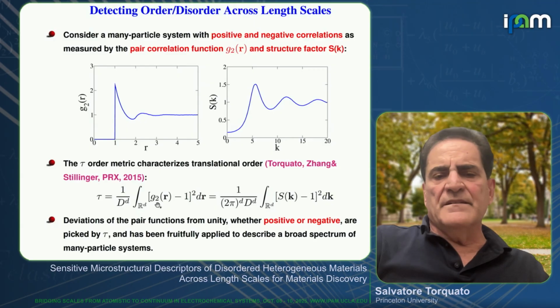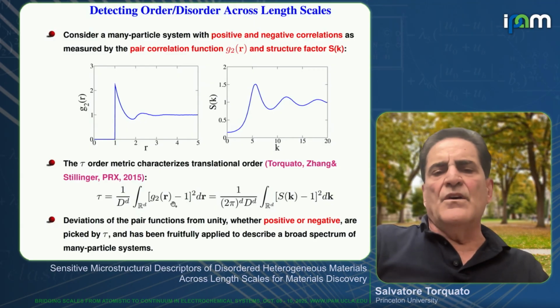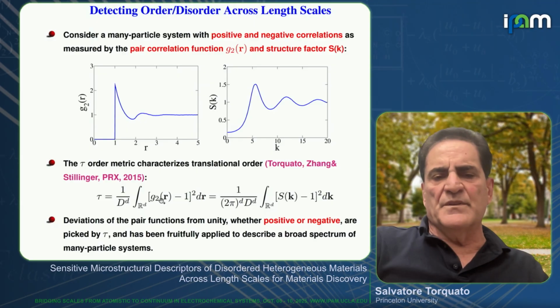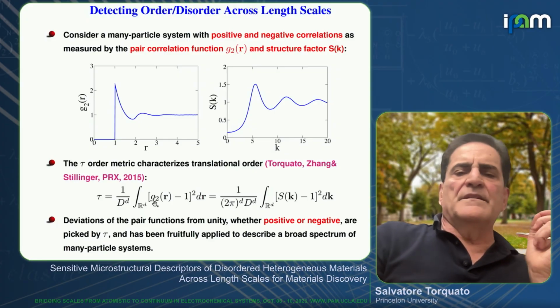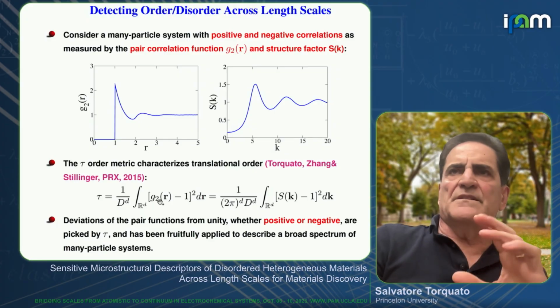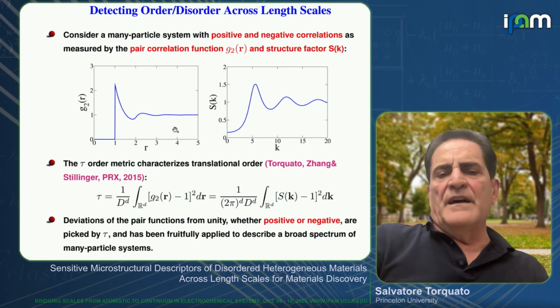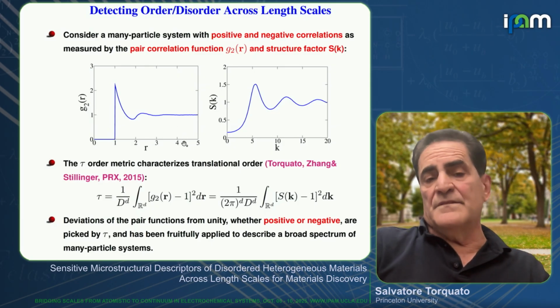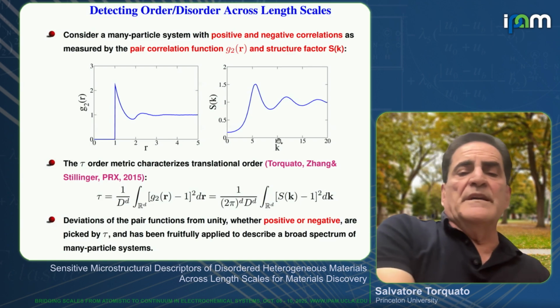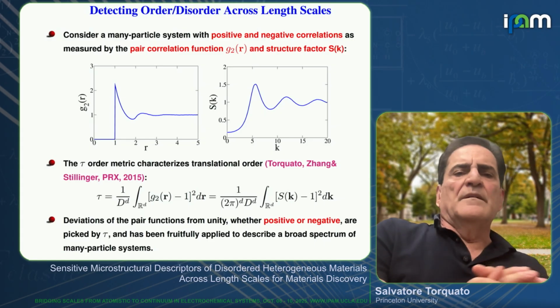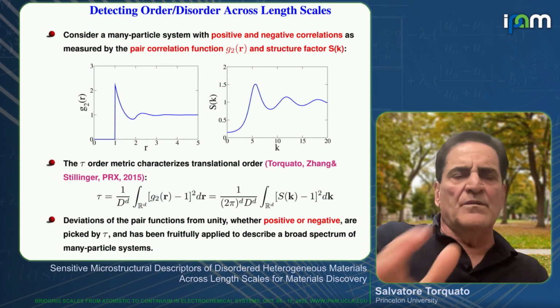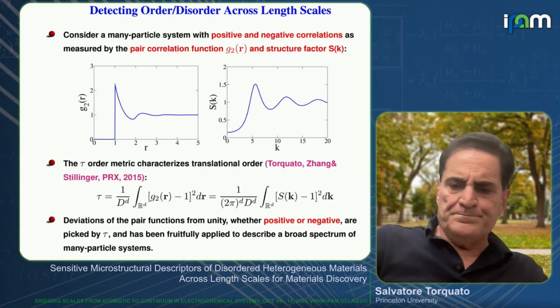So you can define an integral over the square of the difference between, let's say, g2 and 1, or the difference between S(k) and 1, and look at the volume integrals in those spaces. And this quantity is going to pick up both positive and negative correlations. And obviously, since I'm going across different r or different k, you're able to capture some information across length scales. So this is one particular sensitive metric. Of course, it only involves pair information.